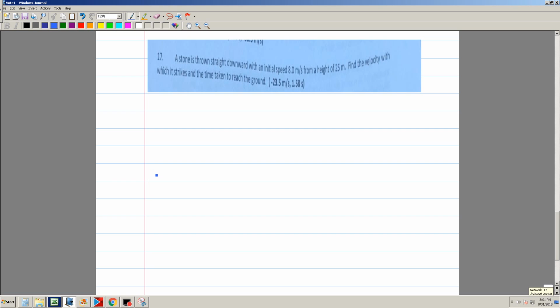So let's pretend that you're in a building or a cliff, and let's say that this is 25 meters from there to there, and you're here.